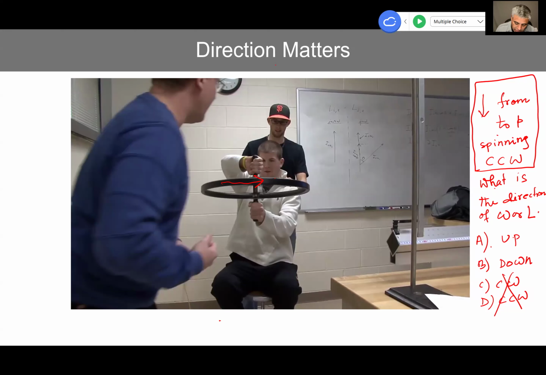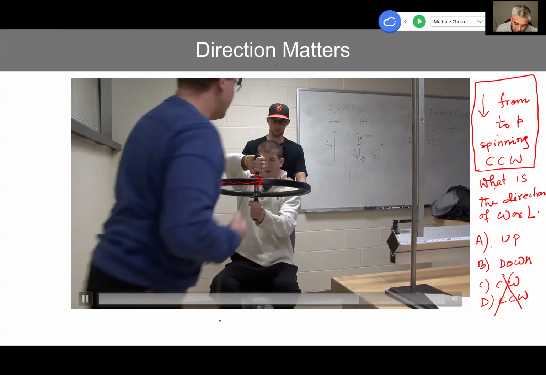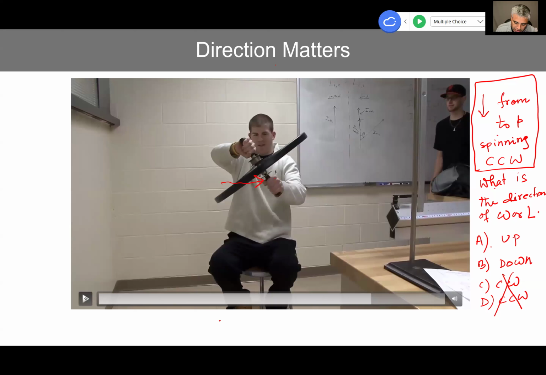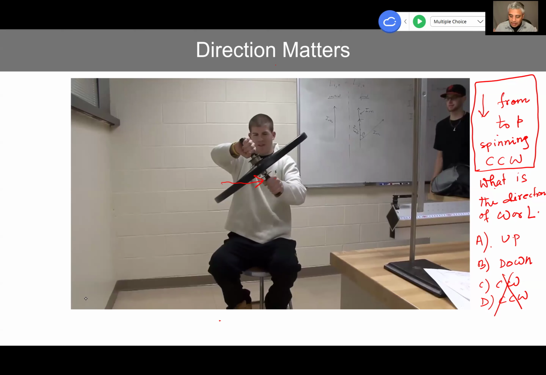Right now the wheel is spinning, the person is not rotating. But once this is tilted, the direction of angular velocity and angular momentum that was in that direction at the beginning now goes like that. See, it's changing. So the direction of angular momentum changed here.